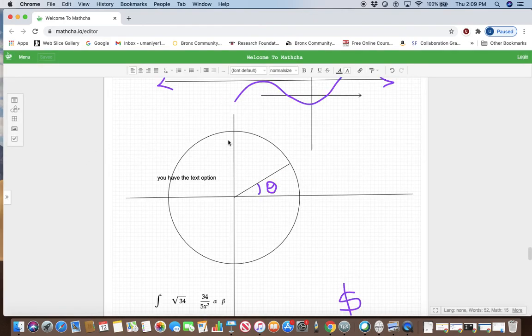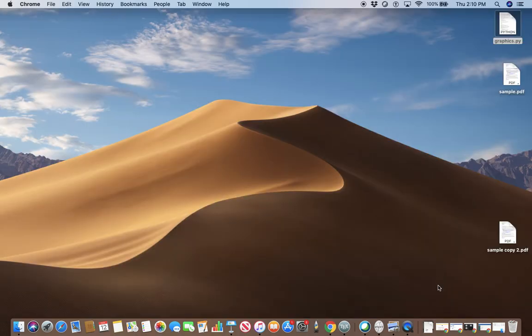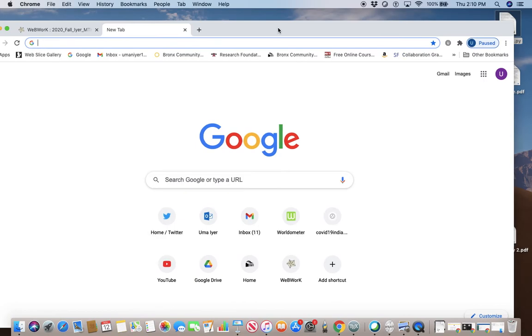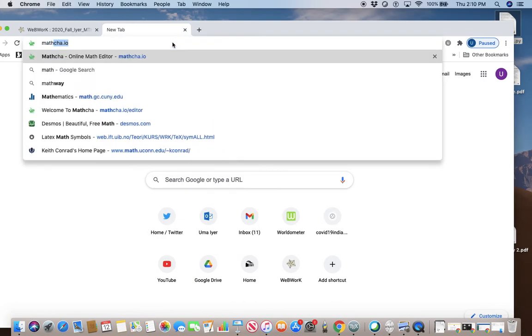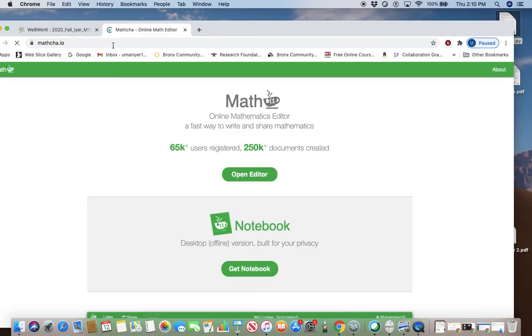By the way, Mathcha remembers where you were at. So say I kill it, right? I'm done with it. It has saved on its own. Mathcha remembers what we were doing in the most recent work. So I open my tab again and I look for mathcha.io.